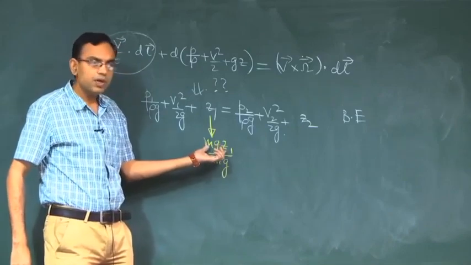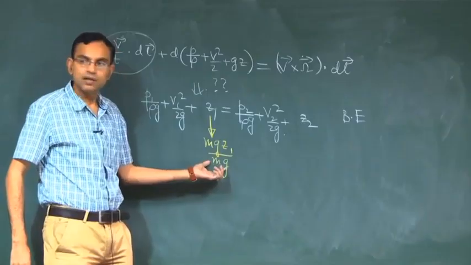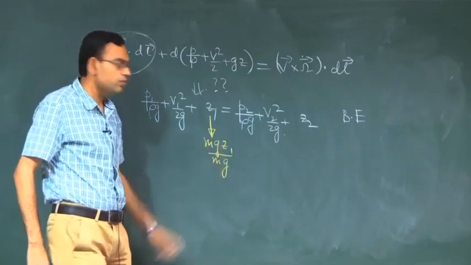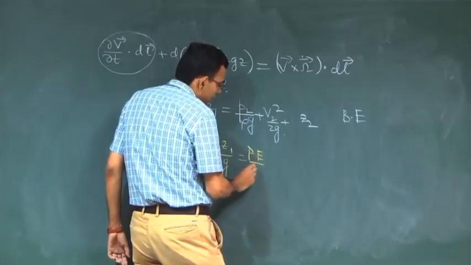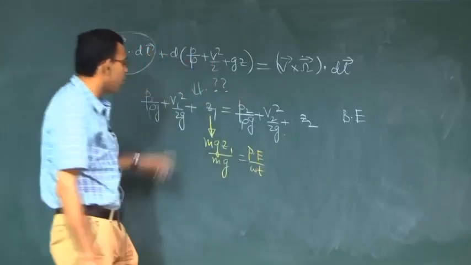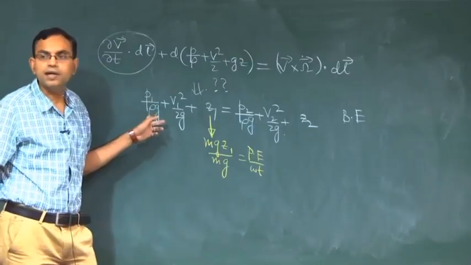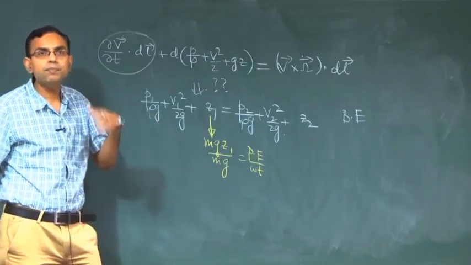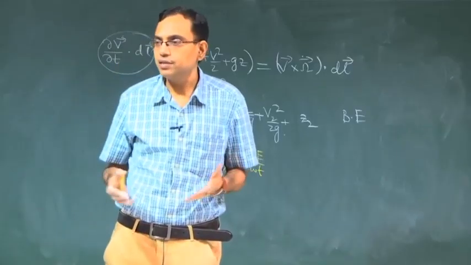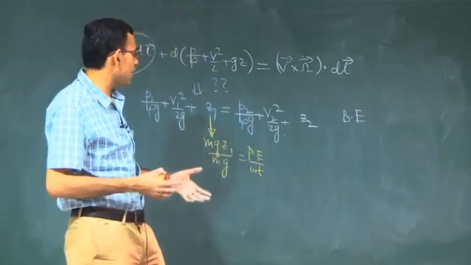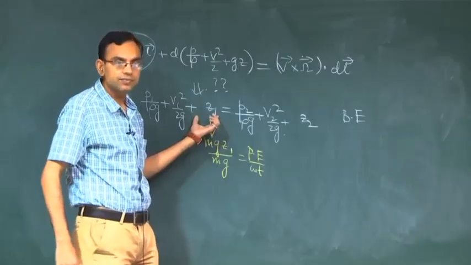So what is this? This is the potential energy, this is weight. So potential energy per unit weight. Because all the terms are of the same dimension, all these represent some energy per unit weight, and energy per unit weight in hydraulics is called head. So this is called the potential energy head.